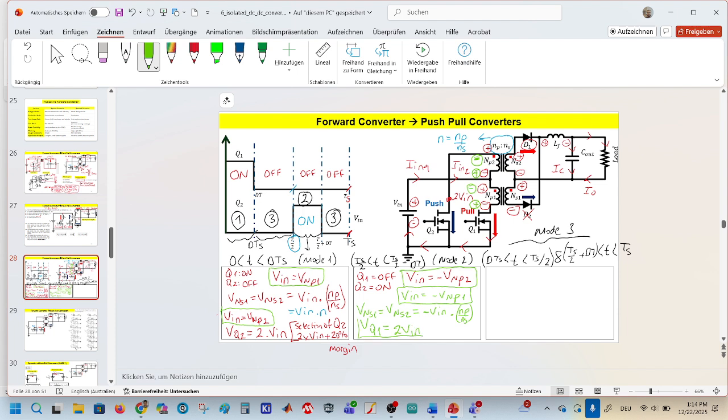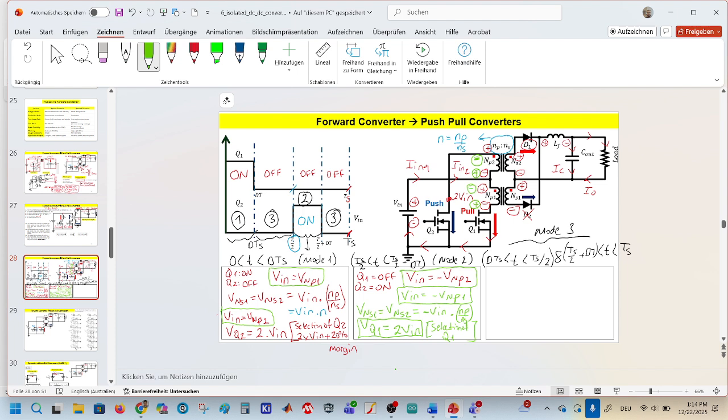It's again 2 times the input voltage. Selection of Q1 is based on the voltage stress and margin.